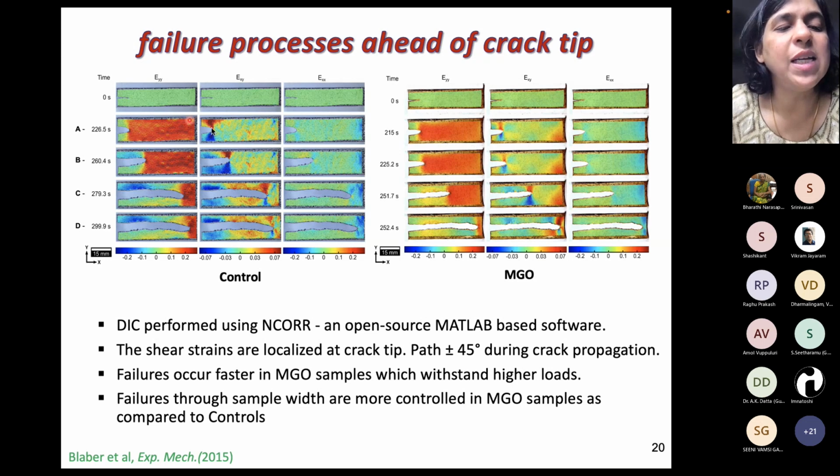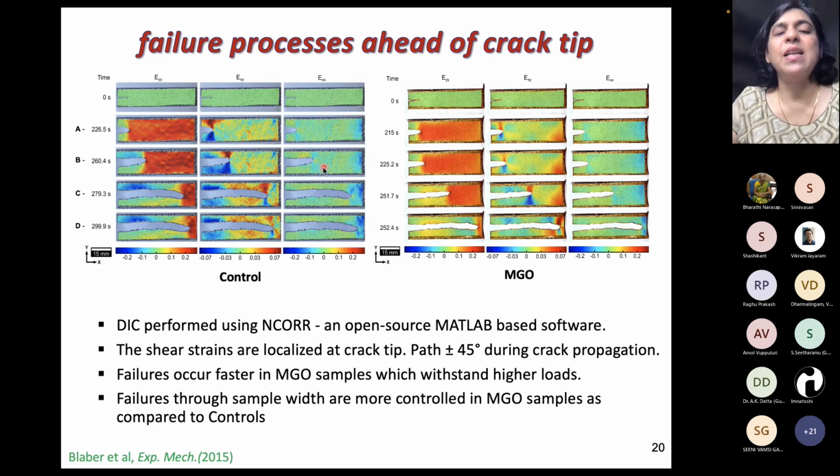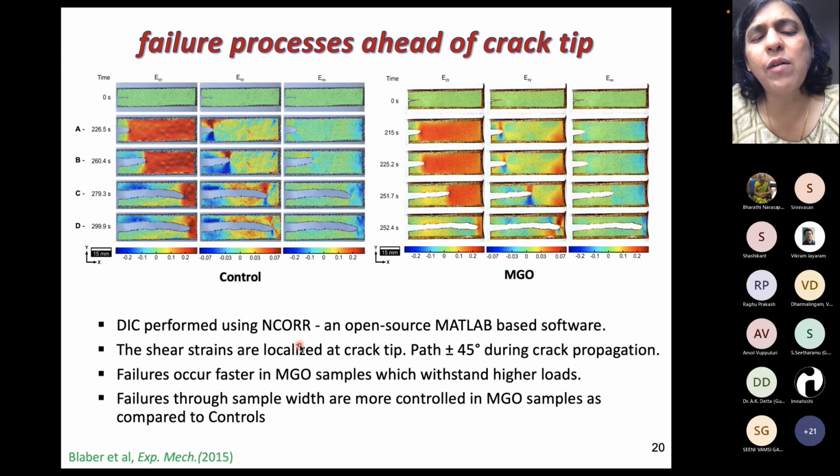YY strains are uniformly spread throughout the sample, and there's hardly any XX strain that we can detect. That's much smaller as compared to the YY and the EXY direction. These were performed using NCorr, which is an open source MATLAB-based software to compute strains ahead of the crack tip.